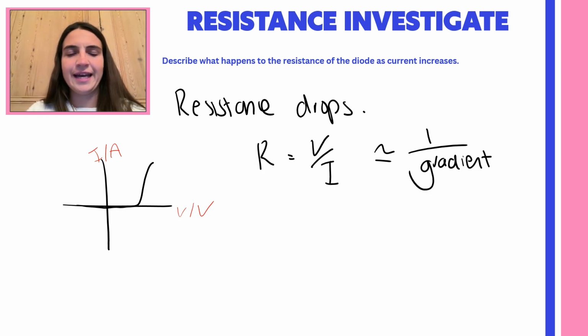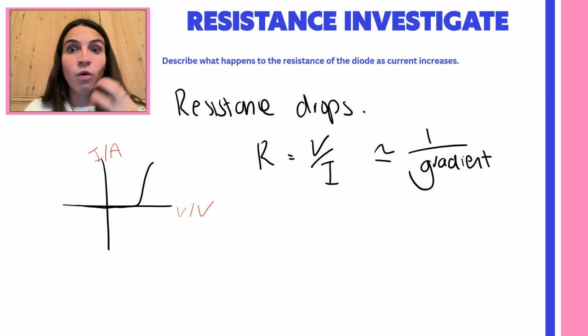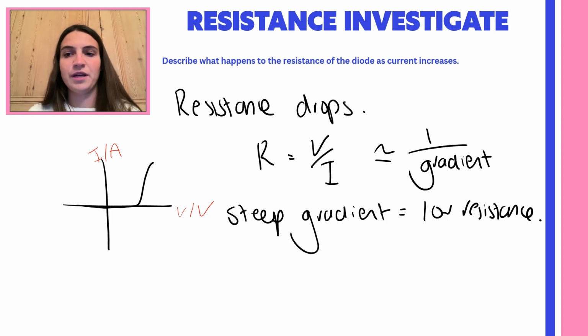I've written that here. My resistance at any point, I can take the voltage at that point and divide it by the current at that point. And a more vague way of doing it is basically 1 over the gradient. So as the gradient gets steeper and steeper, resistance gets smaller and smaller.